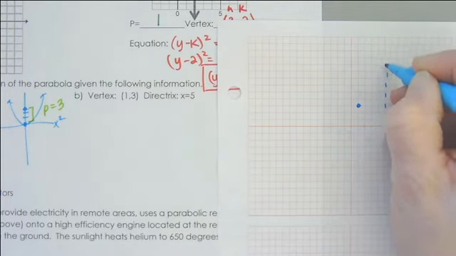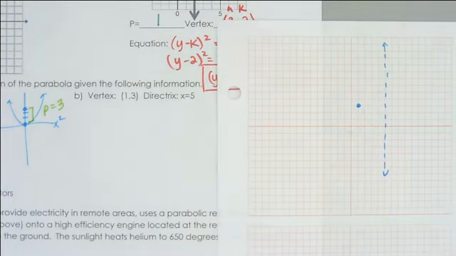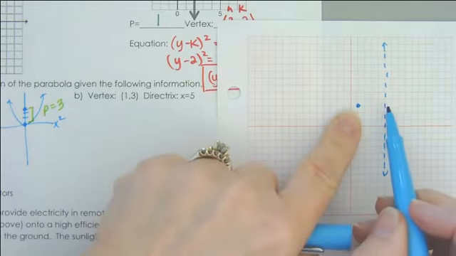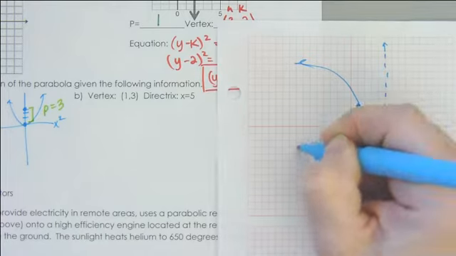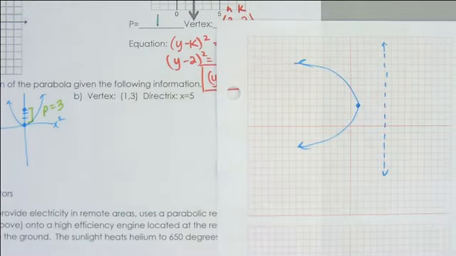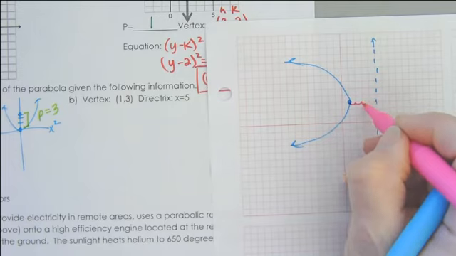And again, if you need graph paper, push pause, go grab graph paper if you have any in your notes. So remember I said the parabola cannot touch the directrix, which means that the parabola is going to have to open in this direction. The focus is going to be the same distance from the vertex that the directrix is. So if we count this, it goes over 1, 2, 3, 4.